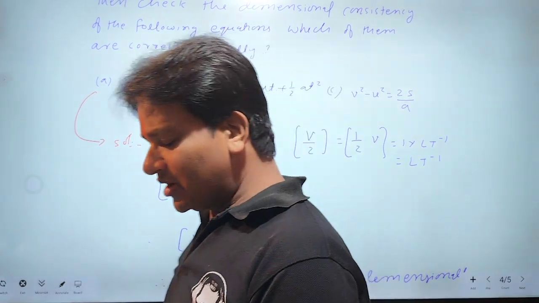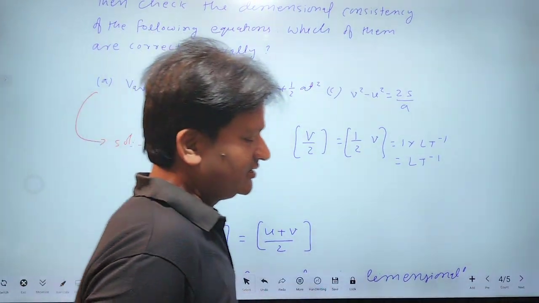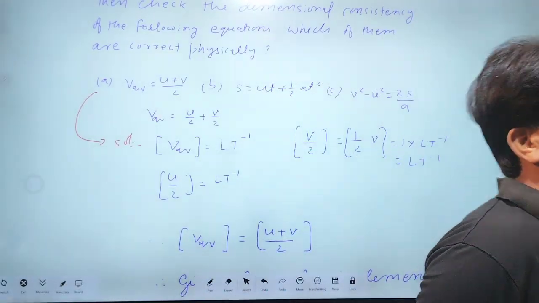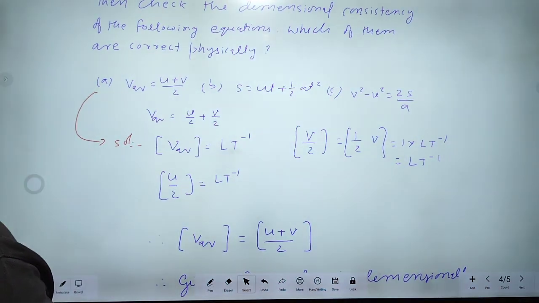If a formula or equation is dimensionally incorrect, then it will not be physically correct.